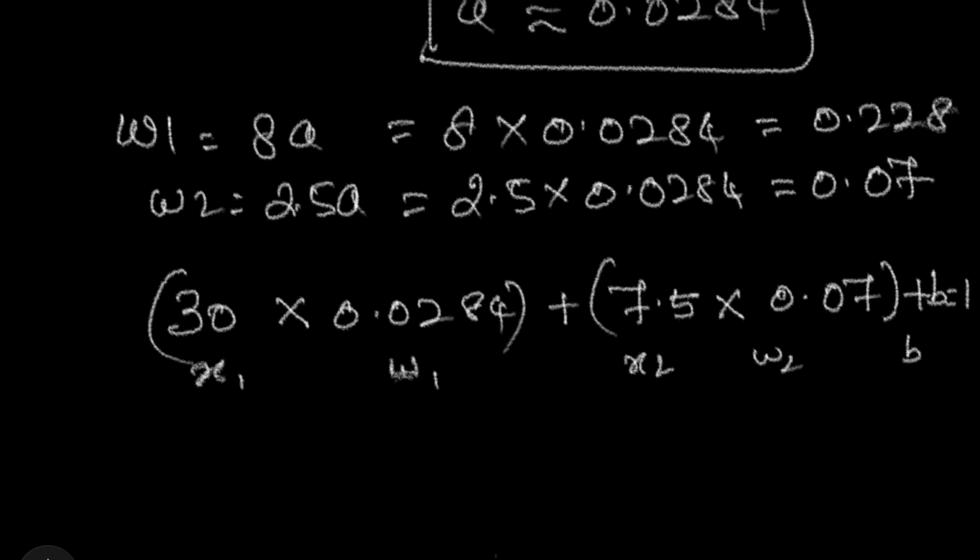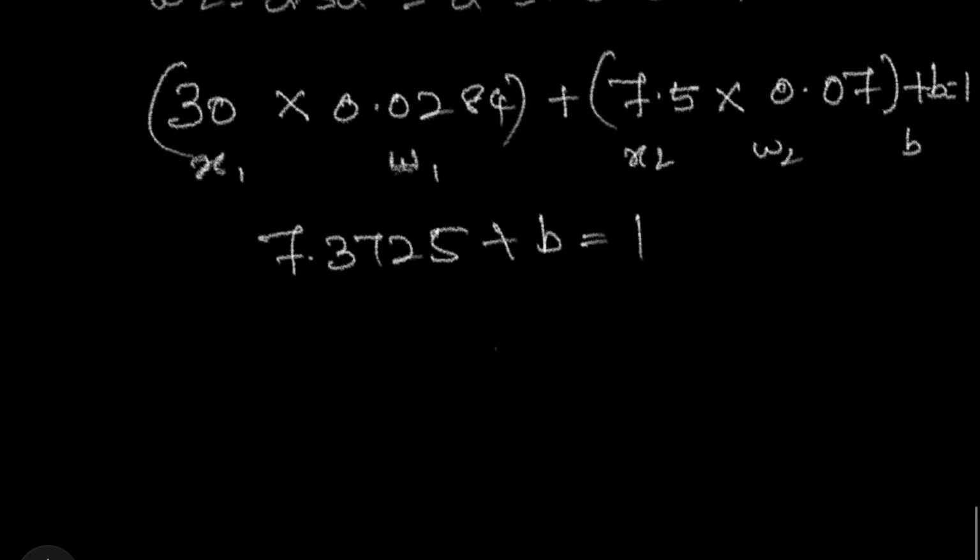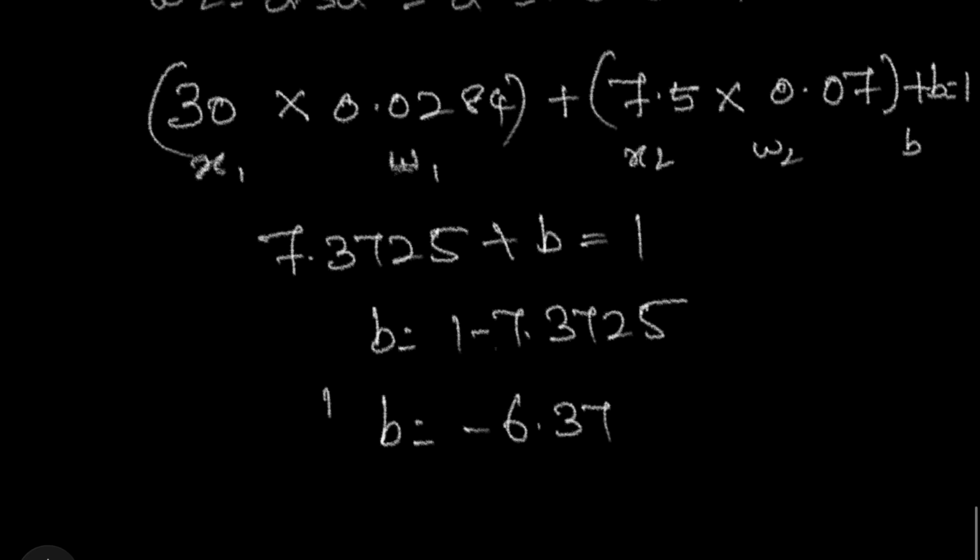So that's why I have taken here a positive boundary directly. So if I calculate this, I'll get 7.3725 plus b equals 1, and b is nothing but 1 minus 7.3725. So thereby I am getting minus 6.37.